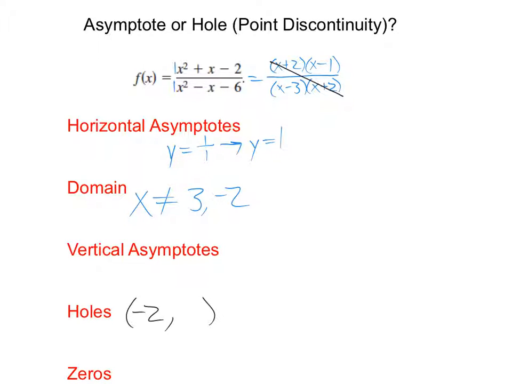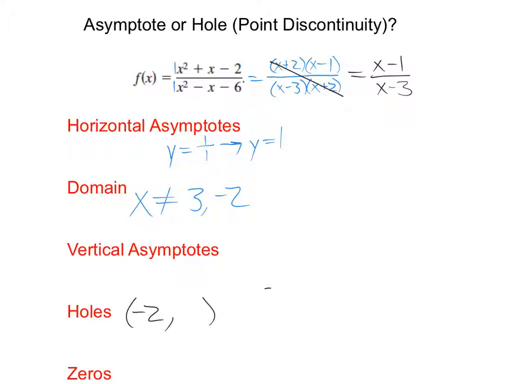Alright? So now I have the function x minus 1 over x minus 3. So you plug in negative 2. We've got to plug in that negative 2 to find the y coordinate of our hole. Where would we have hit if we hadn't had that common factor there?